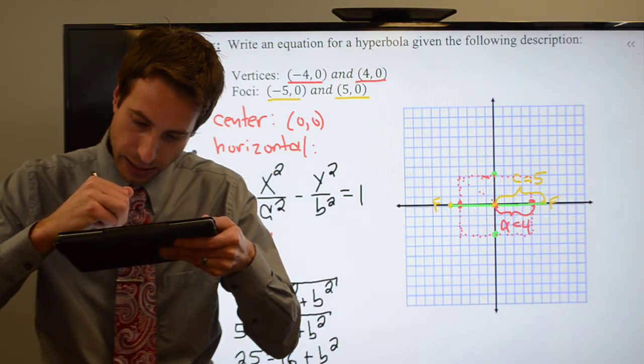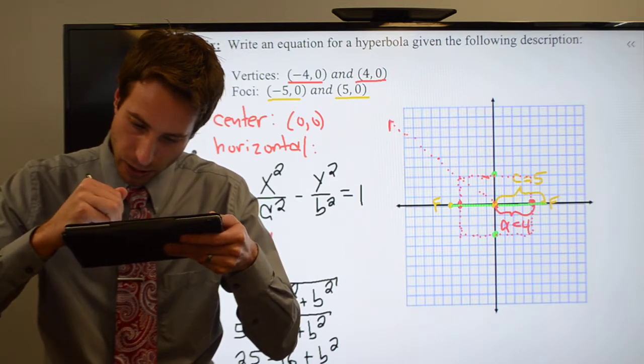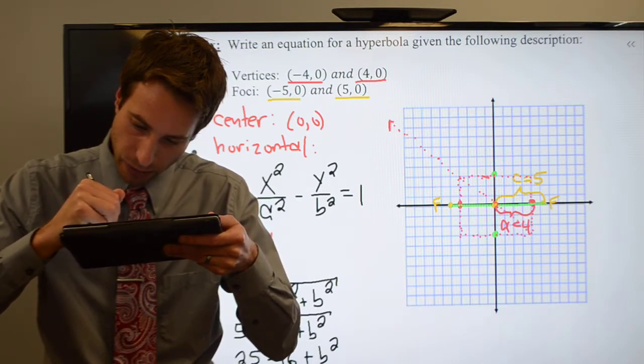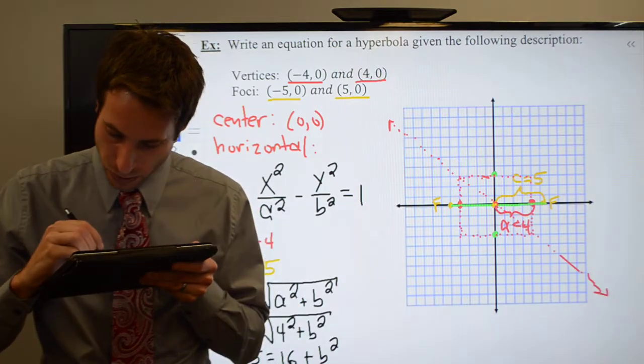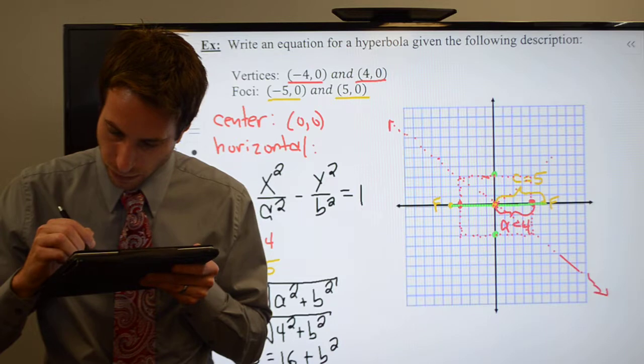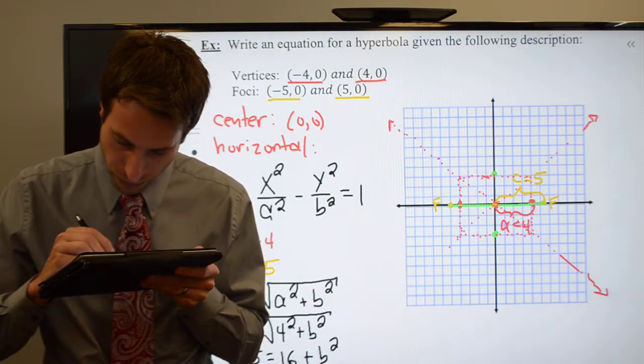Make sure you extend that asymptote all the way through the coordinate plane. Go in the other direction, right down through that corner there. Going up through this corner over here. Going down through this corner, right over here.